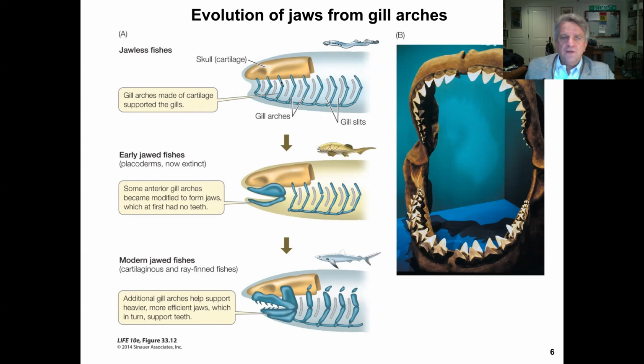Then what ends up happening is that gill arches become modified to become the upper and lower jaws. So in a sense, the gill arches in the early vertebrates are homologous to the upper and lower jaws of all jawed vertebrates. And then there's the modification of other gill arches that provide support for the jaws, which eventually will then support teeth.